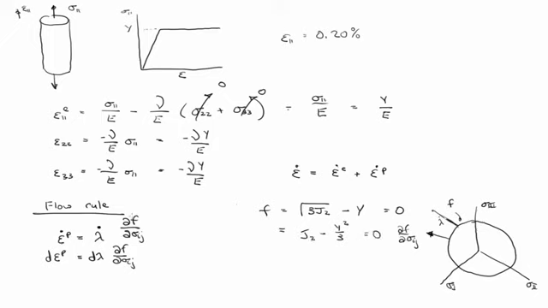Everybody see that? Right, I just squared this. I moved the Y over here, squared both sides of the equation, and then divided by 3, and then moved it back. So I get this equation.